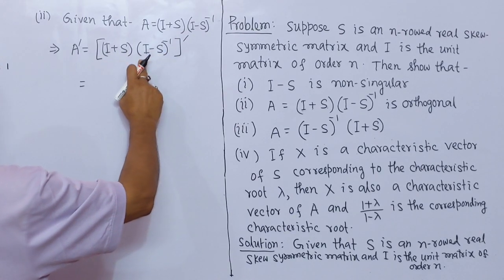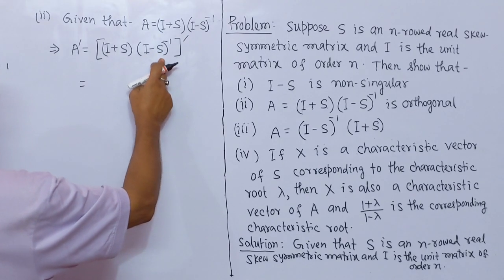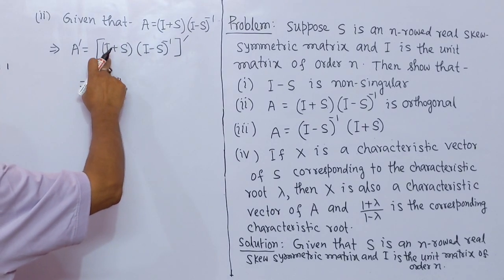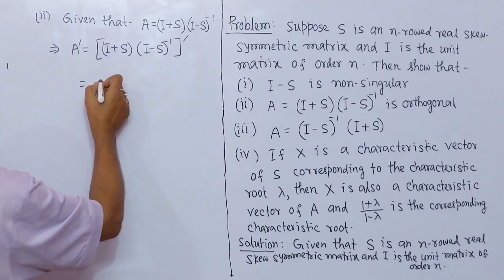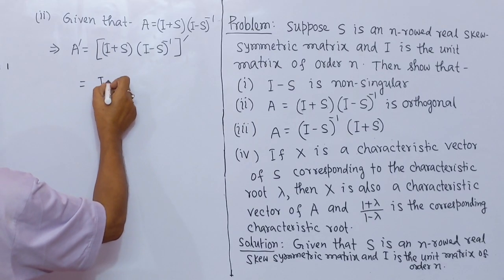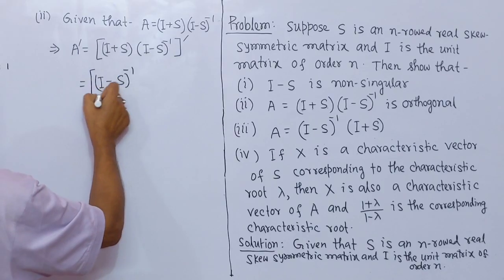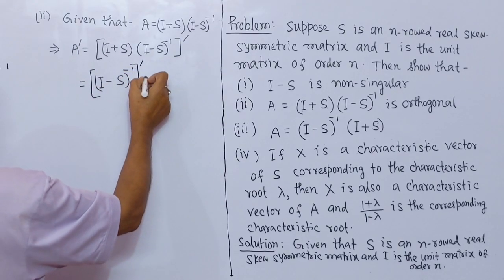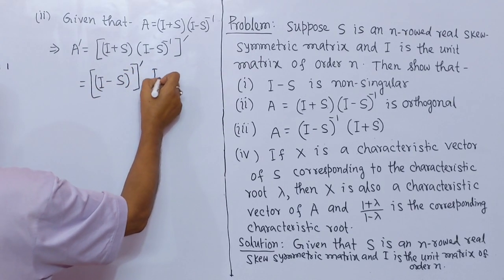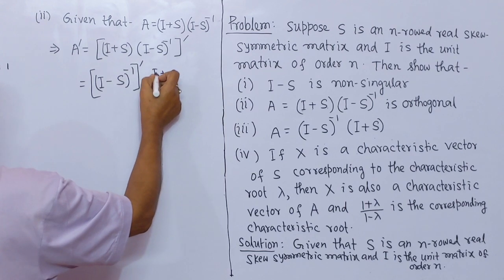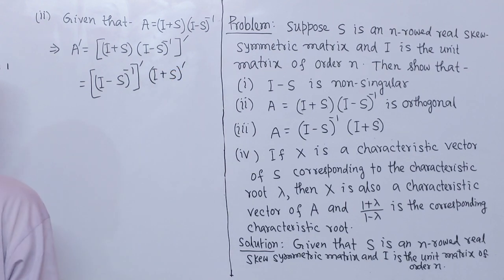So firstly we write the transpose of second matrix, then we write transpose of the first matrix. Second matrix is I minus S whole inverse transpose multiply I plus S transpose.